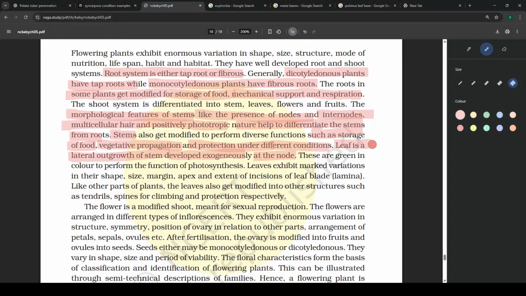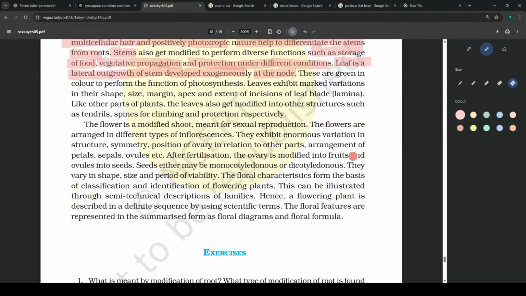They show marked variations in their size, margin, apex, and extent of incisions of the leaf blade. Like other parts of the plant, leaves also get modified as tendrils and spines for climbing and protection, respectively. The flower is a modified shoot meant for sexual reproduction.